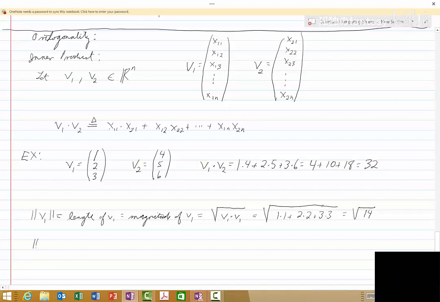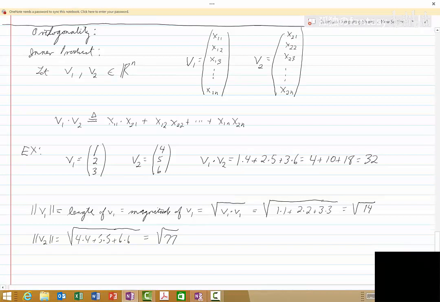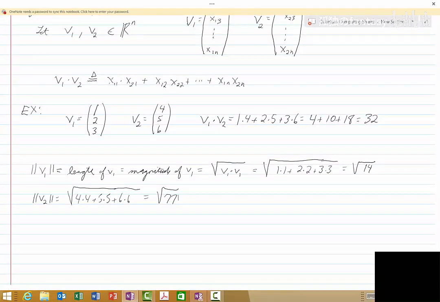And similarly, the magnitude of V2 in this particular case would be the square root of 4 times 4 plus 5 times 5 plus 6 times 6, which would be 16, and 25 is 41, and 36 is square root 77. So the dot product, or the inner product, gives us a way to calculate the length of a vector.